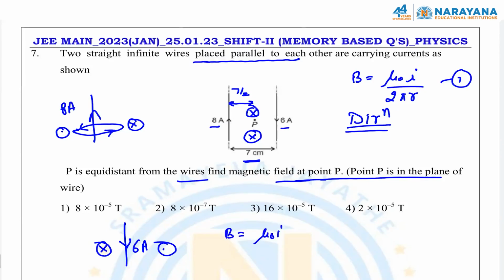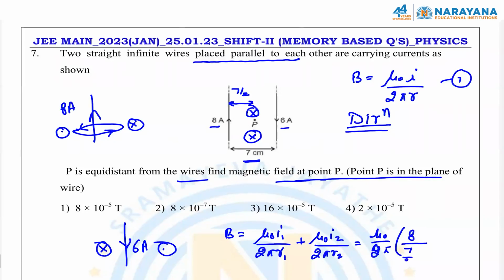So mu naught I1 by 2 pi R1, and similarly mu naught I2 by 2 pi R2. So we can fit in the values over here. We know that mu naught by 2 pi, let's take common, and I1 by R1, 8 over R1.